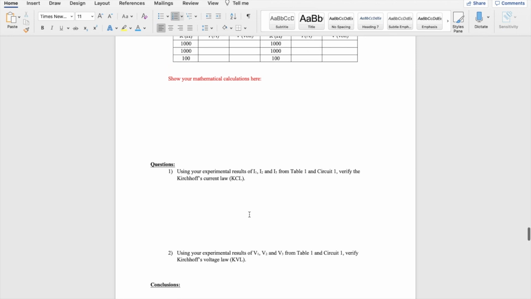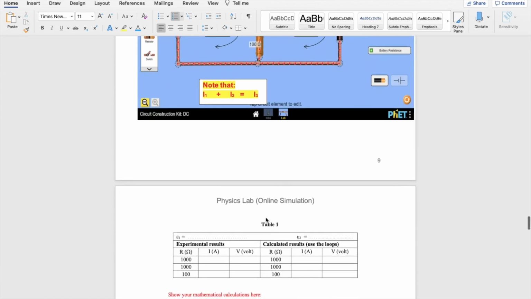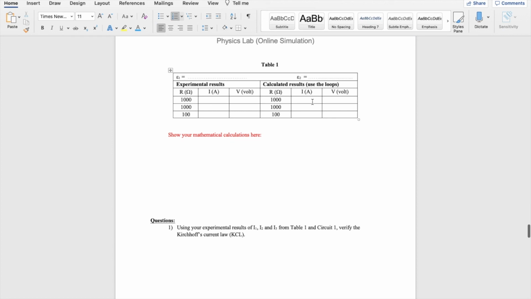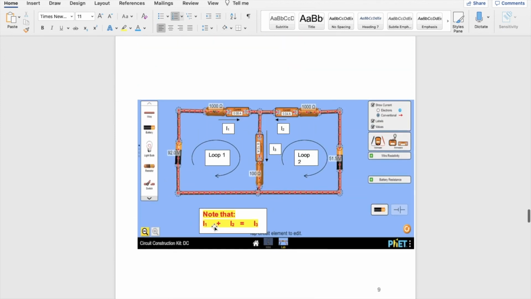Here are some extra questions which you can use, the current from table 1 and circuit 1. So here you can use this current here, the experimental currents, okay, and verify Kirchhoff's current law, which is saying that I1 plus I2 is equal to I3, or whichever way. We're looking at this junction here, sum of incoming currents I1 and I2 is equal to I3.